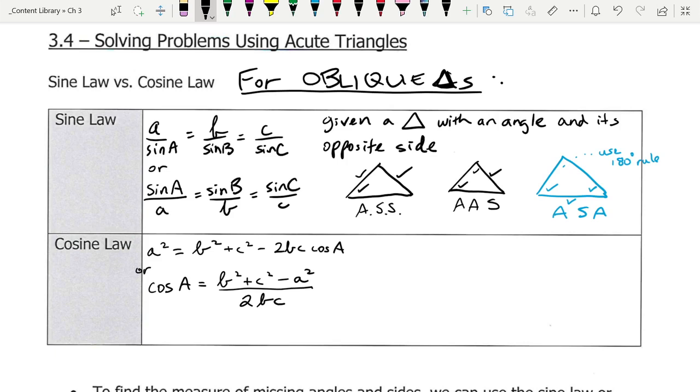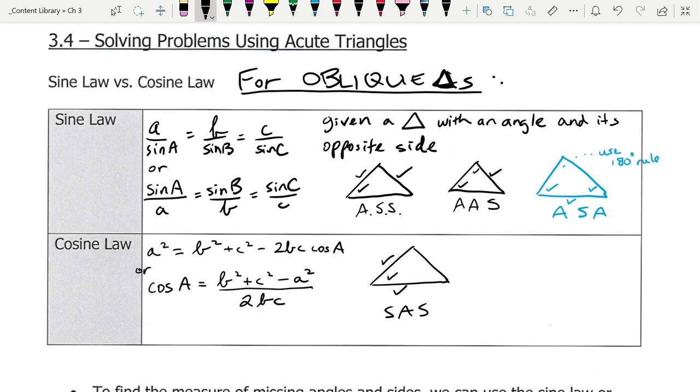And I won't bother writing it in words, I'll just show you with the pictures. I use this formula to find a side if I'm given side, angle, side. Hopefully everybody realizes why you can't use sine law there. There's no way I would figure out a side opposite an angle just using my 180 trick.